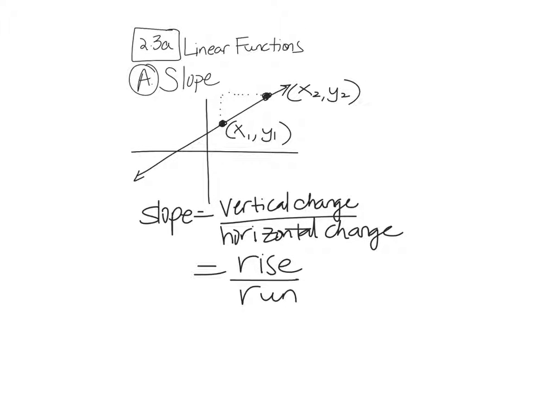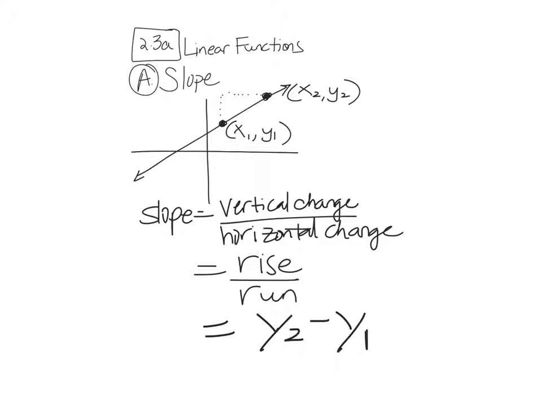Then the formula, if you are given 2 points, x1, y1 and x2, y2, to find the slope: you do the vertical change, which is y2 minus y1. If I want to see how far a distance I go from here to here, I subtract. For example, if it's 75 degrees, and later on it's going to be 85 degrees, what's the change in temperature?